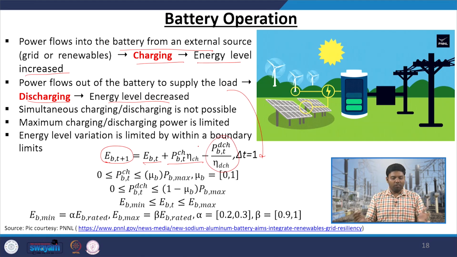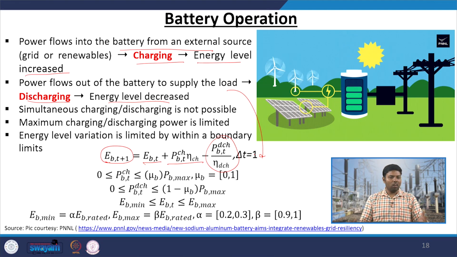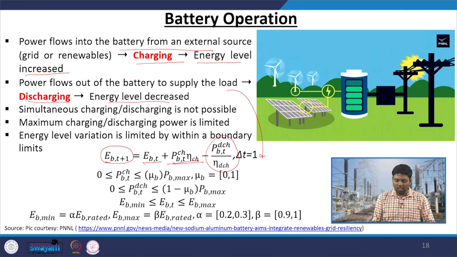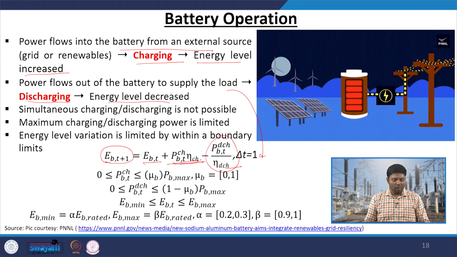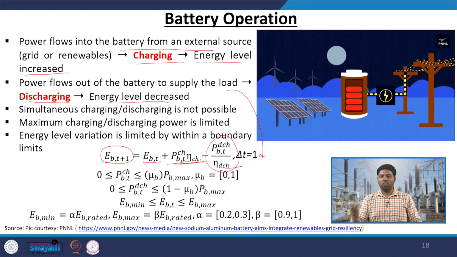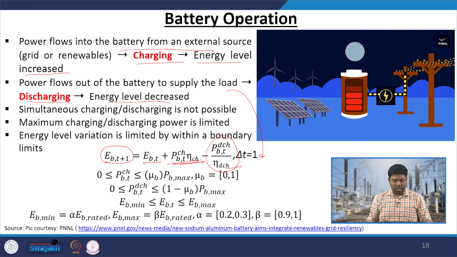So, the net of energy charge and energy discharge with the current energy level will give how much energy level you are going to get at the next time interval.